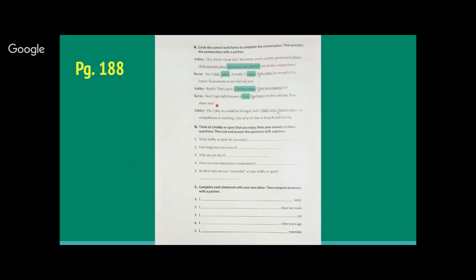How about you? Kevin says. Ashley says, oh, I play in a small local league, but I haven't won any competitions or anything. So this would be present perfect because of the word competitions. This is more than one. And then Ashley finishes, I just play for fun to keep fit and healthy.